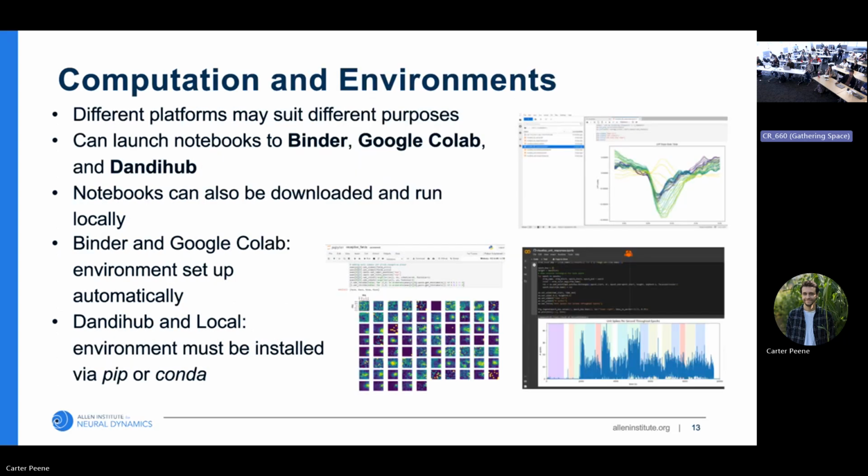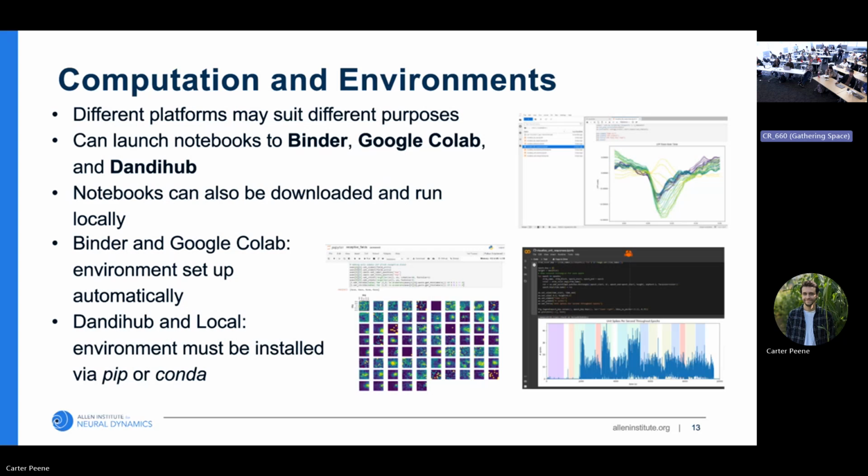So I mentioned our computation a second ago. We put a lot of work into trying to make the analysis really easy to reproduce, specifically to reproduce the environment. Many of you might know that it's really hard to use someone else's repository and keep their environment working in Python. So we did all that we could to make that happen really easily and quickly. Ahad already mentioned DANDI Hub, which is what I would recommend for the main platform here.